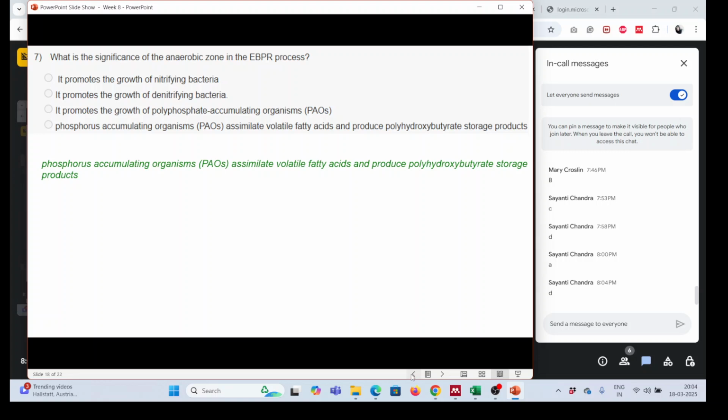The correct answer is option number D. Phosphorus accumulating organisms assimilate volatile fatty acids and produce polyhydroxybutyrate storage product.